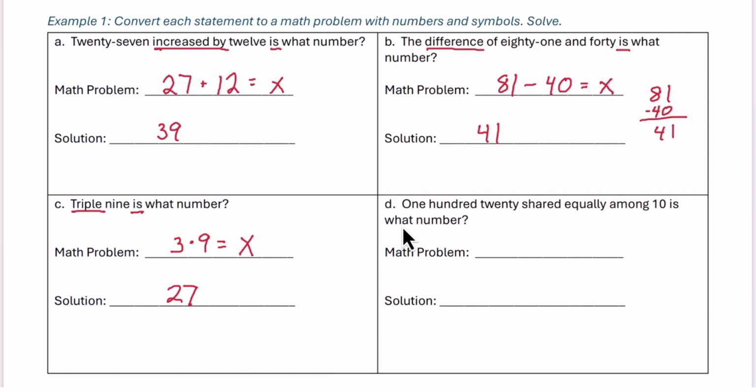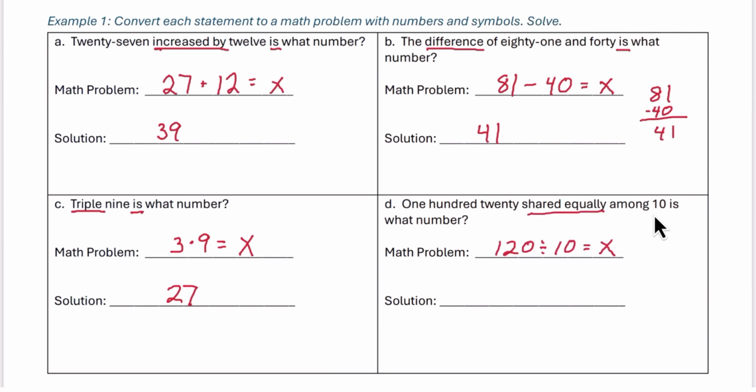Next, 120 shared equally among 10 is what number? Shared equally. That means we're dividing up the number 120. We have 120 and we are dividing it up 10 ways. And the result is, again, what number? We could use a question mark, or let's use the variable x.